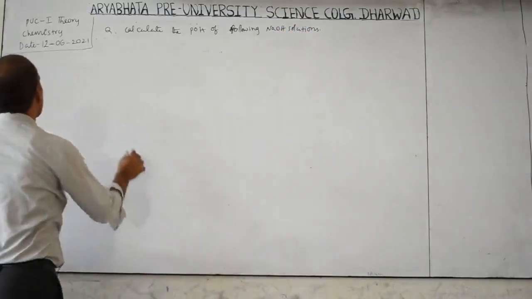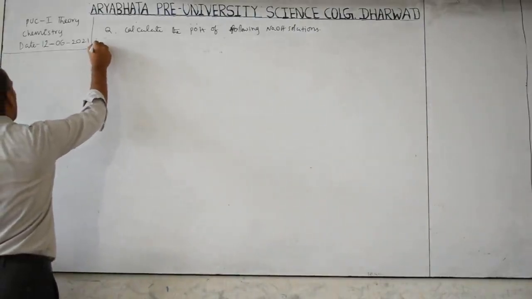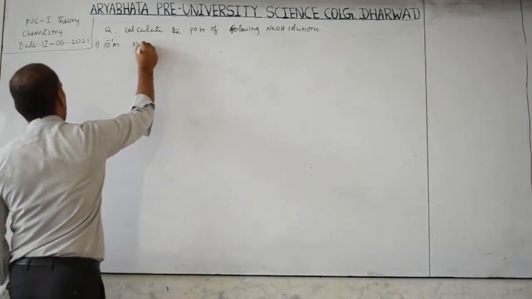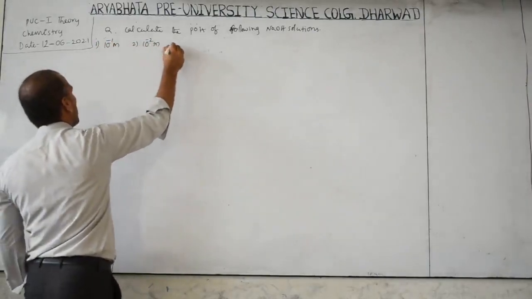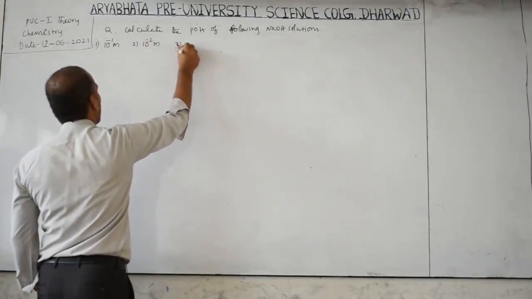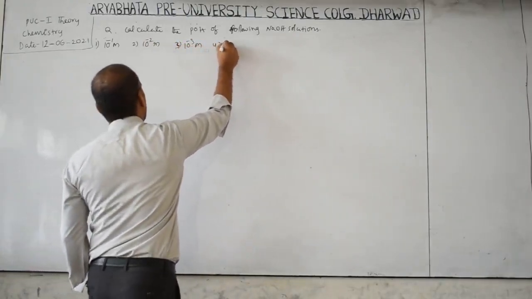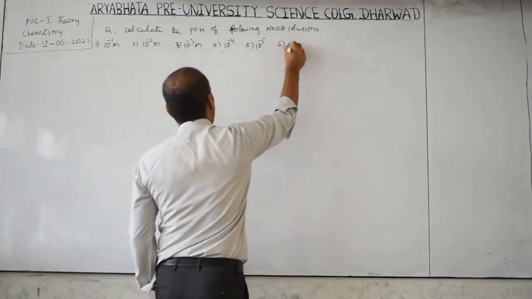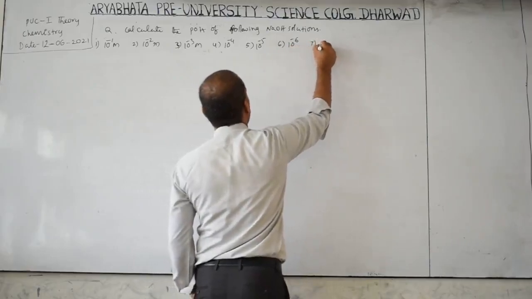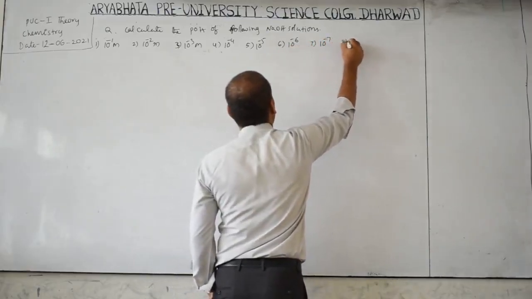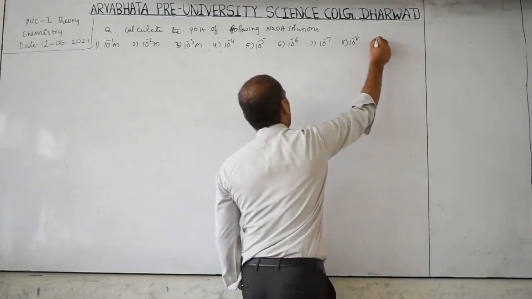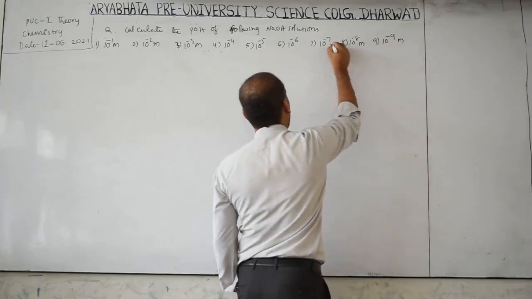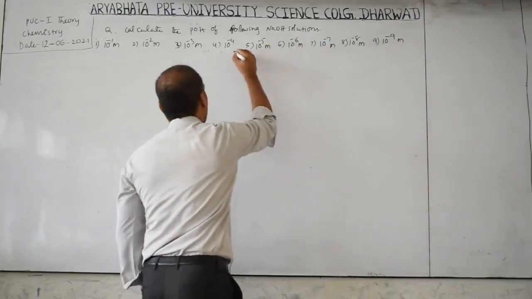The first one is 10 power minus 1 M, second 10 power minus 2 M, third 10 power minus 3 M, fourth 10 power minus 4, fifth 10 power minus 5, sixth 10 power minus 6, seventh 10 power minus 7, eighth 10 power minus 8, ninth 10 power minus 9 M. These concentrations are given.